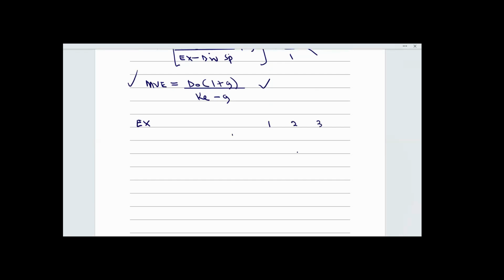The dividend in the first year is 10 naira. In the second year, it has increased to 12 naira. In the third year, it has increased to 15 naira.